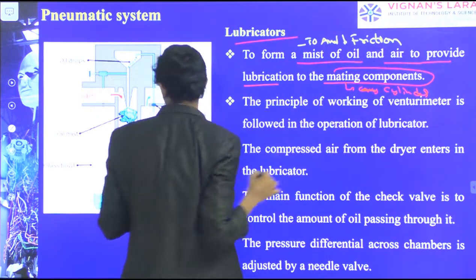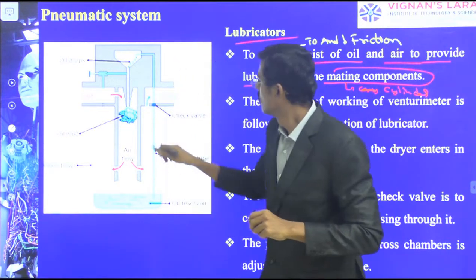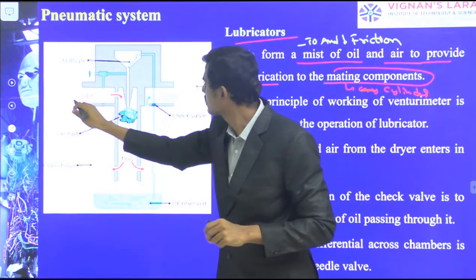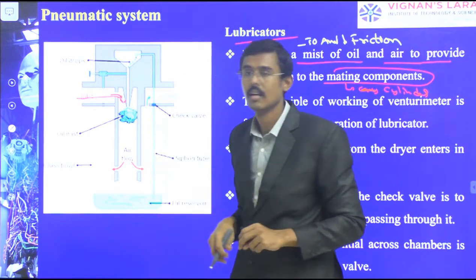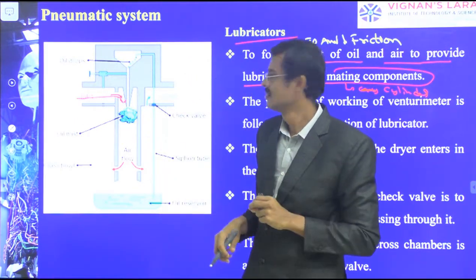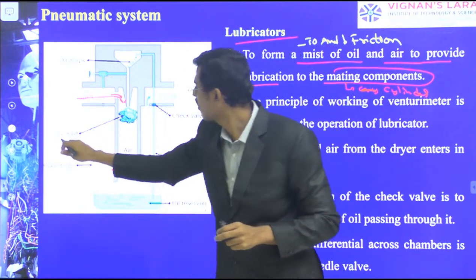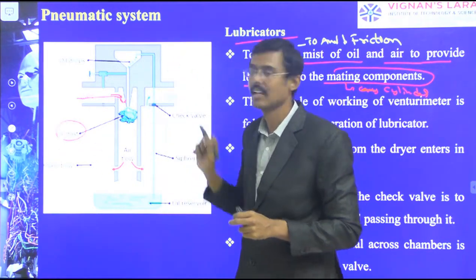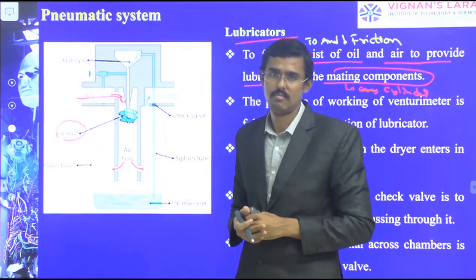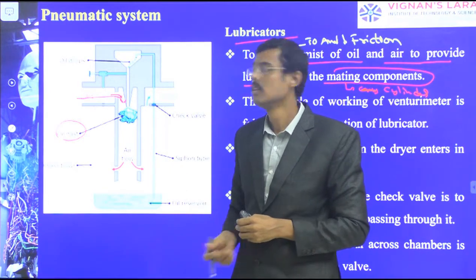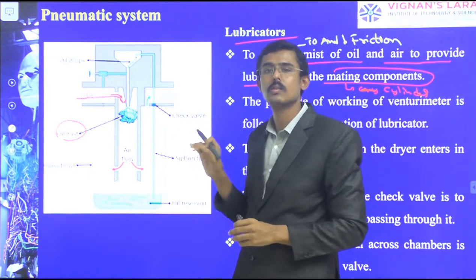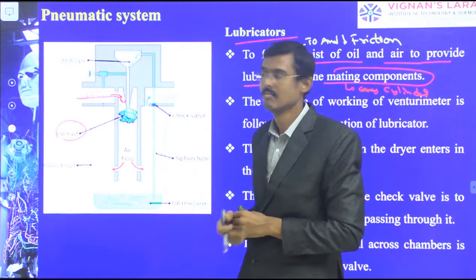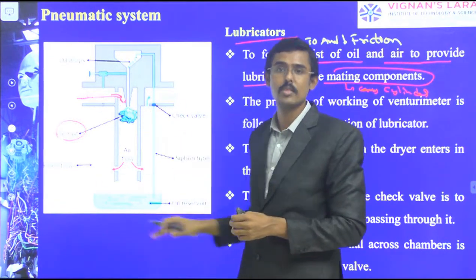So how am I doing this? Here the inlet is there. The inlet is coming, and I am supplying lubricating oil mist at the center nozzle. Through that nozzle, the air is going to pass and take the exit inside the component, inside the machine setup.